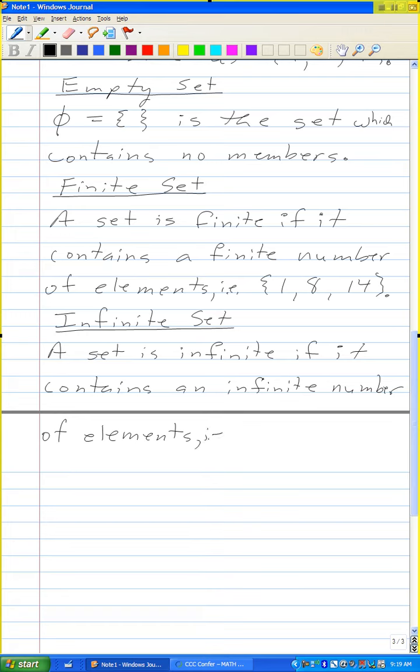For example, the set {2, 3, 4, ...}. And so 2, 3, and then continuing forever.